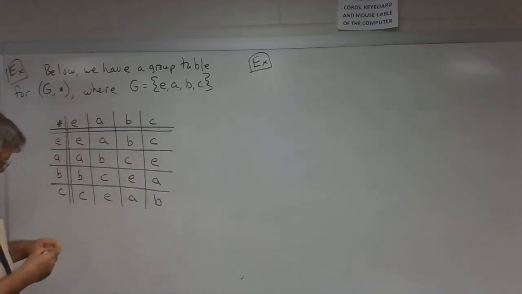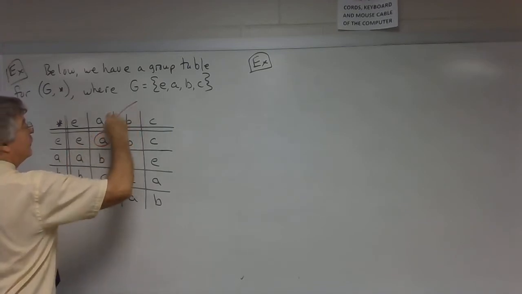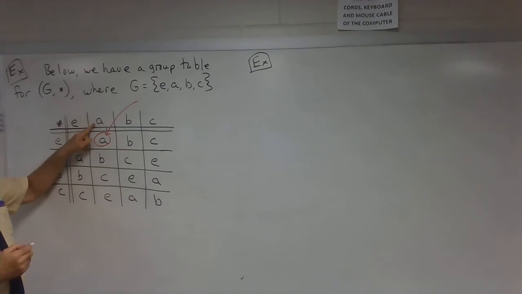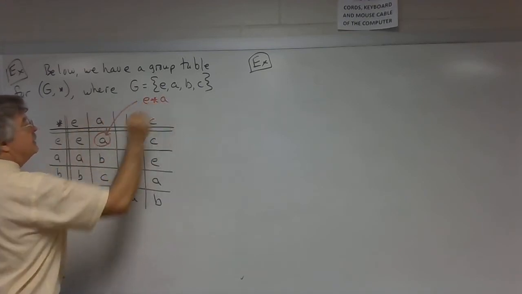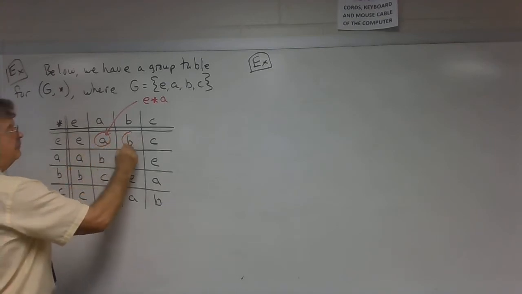And let's just see what some of these elements are. Since this is in the row headed by E and in the column headed by A, this is the element E star A. And let's pick this one.